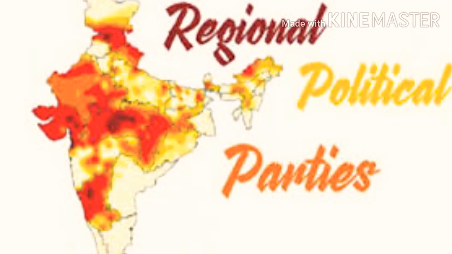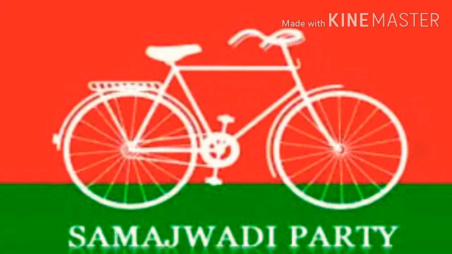The state parties do not have any recognized election party symbol, just like the national political parties in India. Some of these regional parties or state parties are all-India parties that happen to have succeeded only in some states.